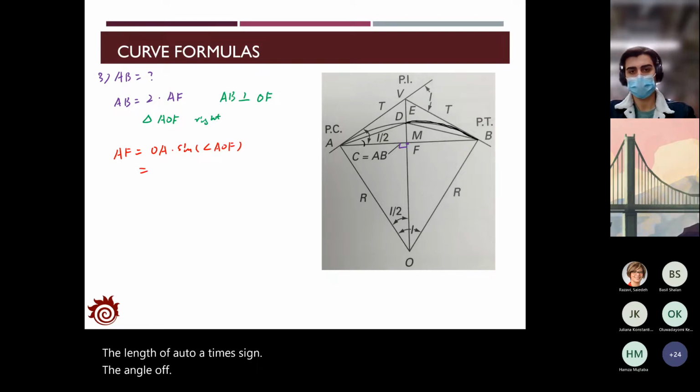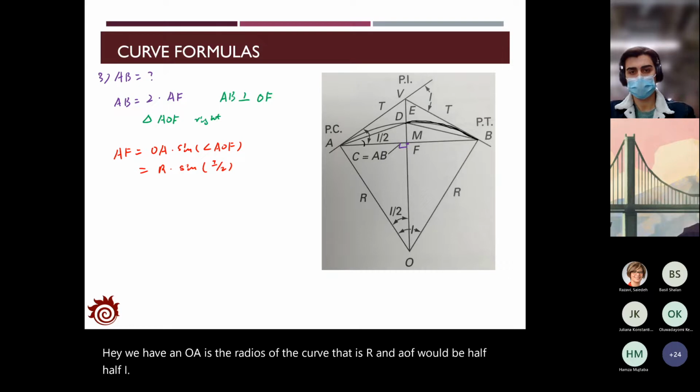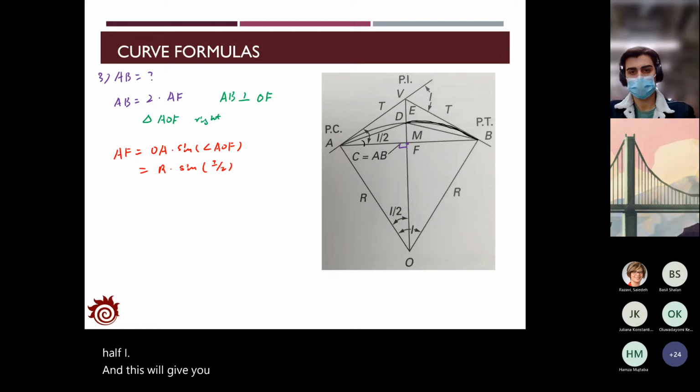OA is the radius of the curve, that is R, and AOF would be half I. This will give you the length of AB as twice R times sine half I. So that's the value of A to B.